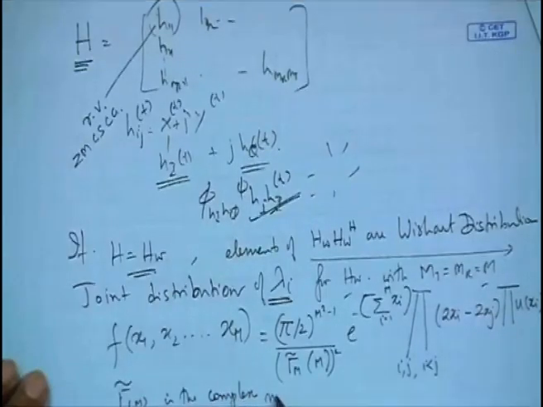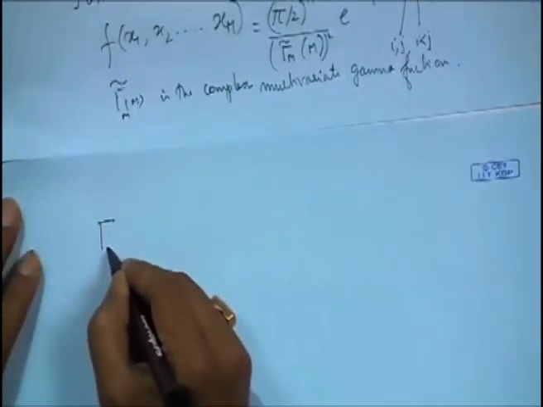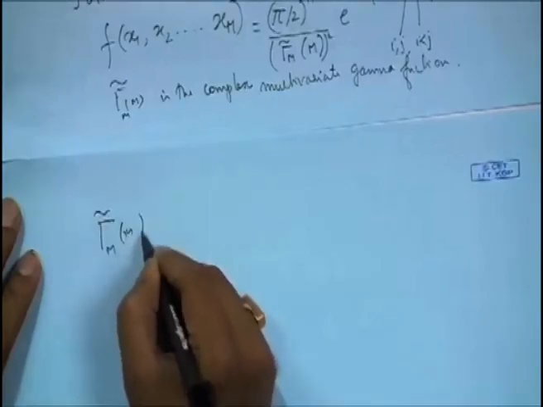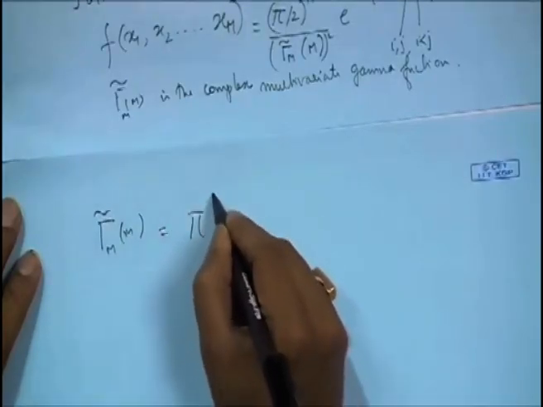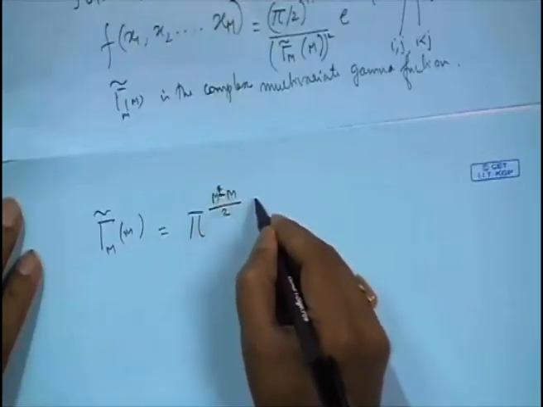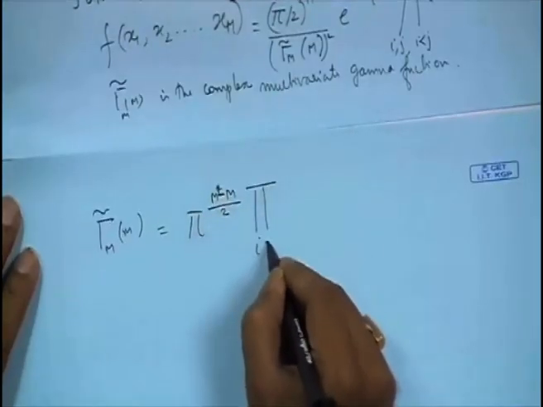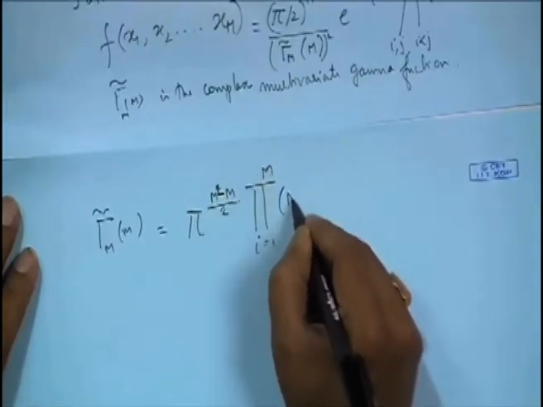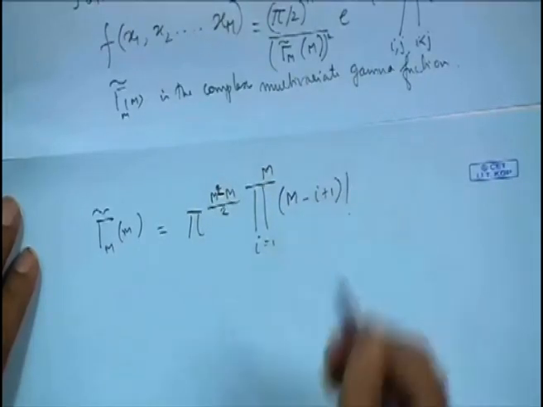the complex multivariate gamma function, and it is defined as gamma m of m is equal to pi to the power of m squared minus m divided by 2, product of i equals 1 to m, m minus i plus 1 factorial.